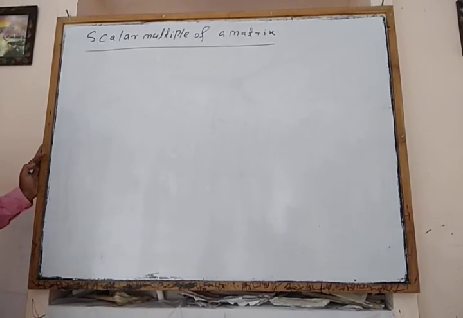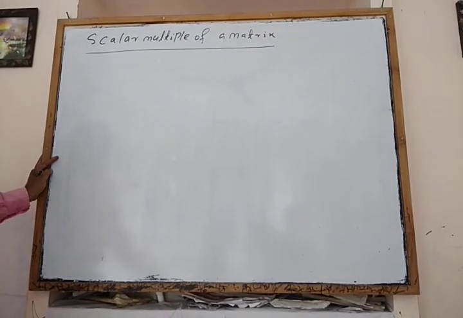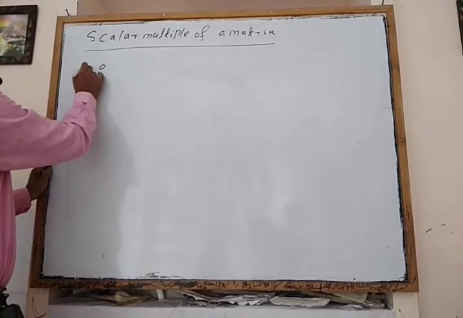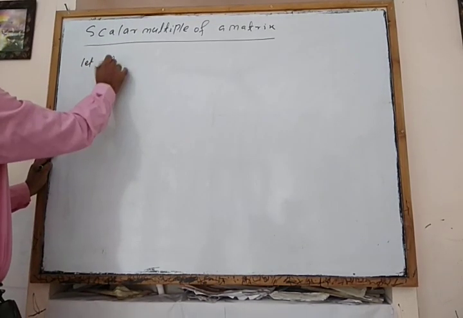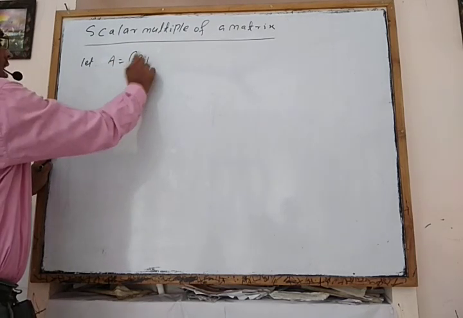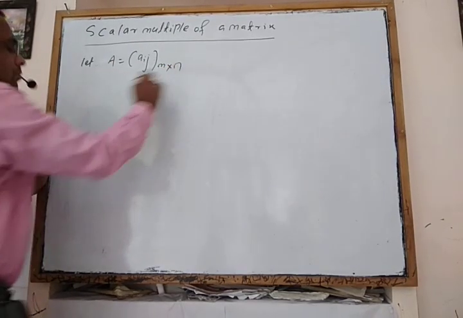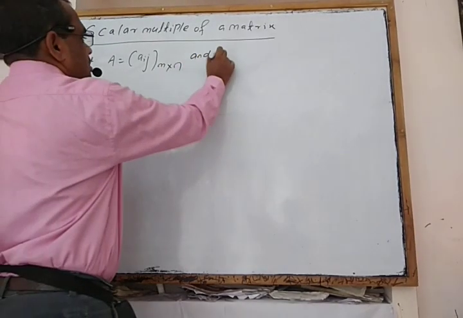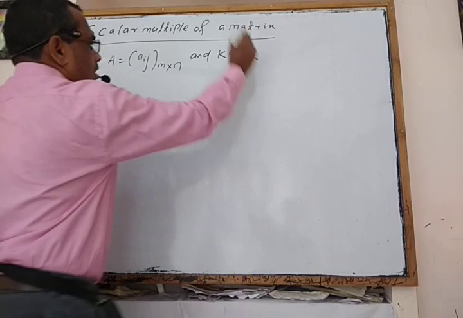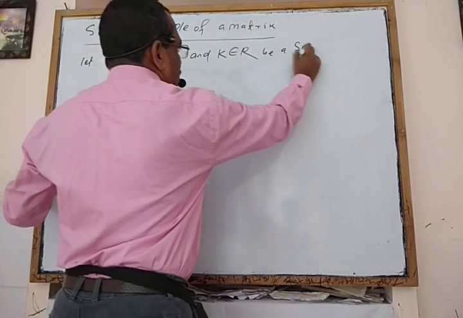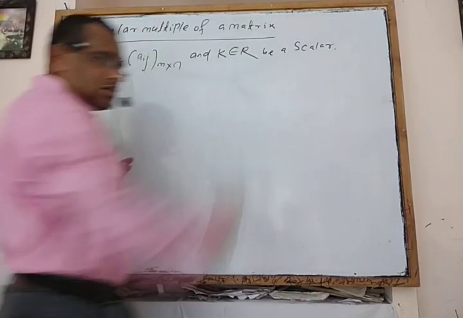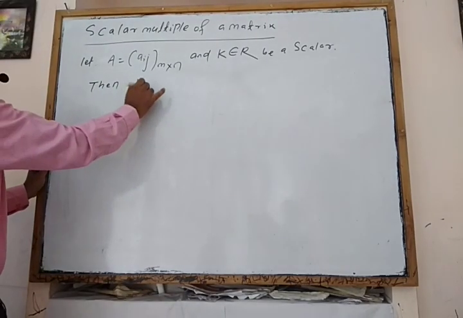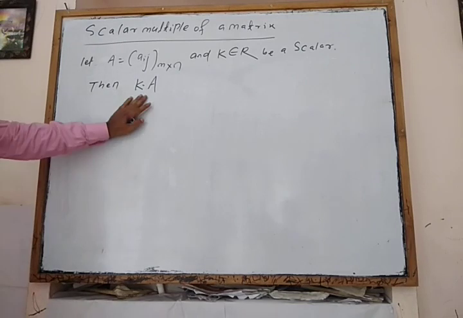Scalar multiple of a matrix. So what is the scalar multiplication of a matrix? Let A equal to [aij] be a matrix of order m cross n and k belongs to R be a scalar. Then k into A is called the scalar multiple of the matrix.